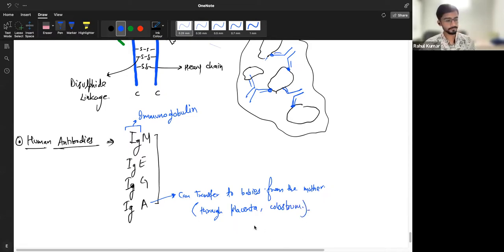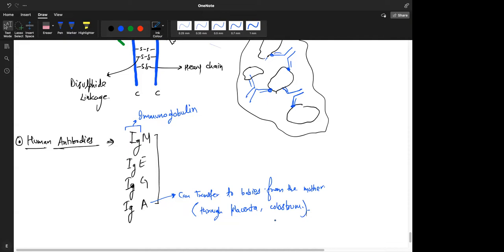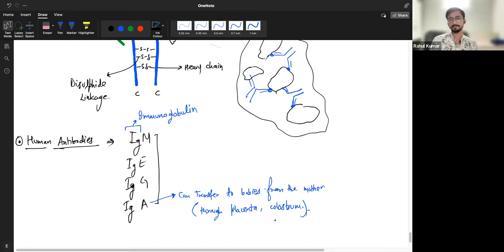You know what is colostrum? It is like a yellowish fluid produced in the mother's breasts during breastfeeding. It contains a lot of antibodies. You could just say it is human milk, secreted from the female human's mammary gland.